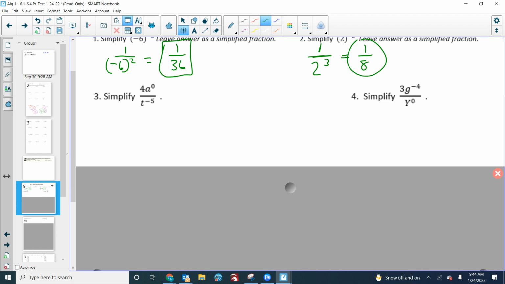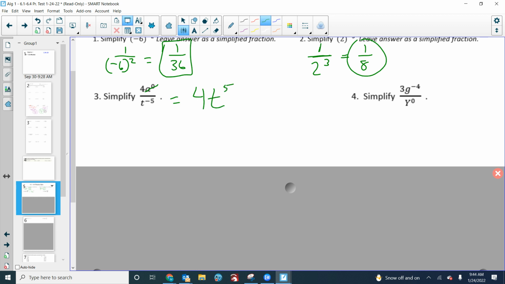Evan, help me out with 3. What crosses out? The 0 on the A. 8 to the 0, the whole thing. Cross it out. What needs to switch places? T to the negative 5th part. Where's it go? To the top. So what am I going to write on top? 4T to the power.